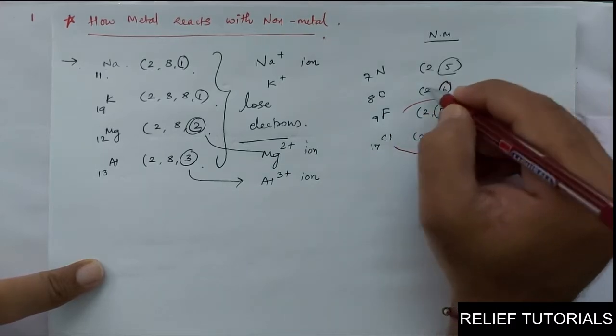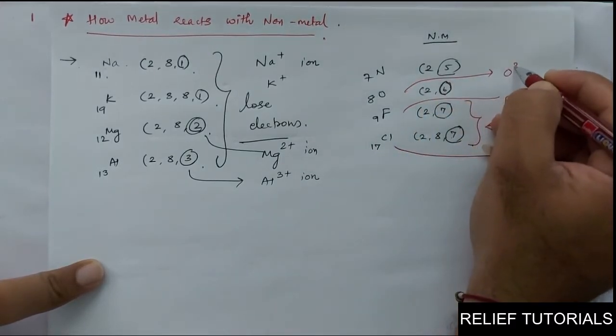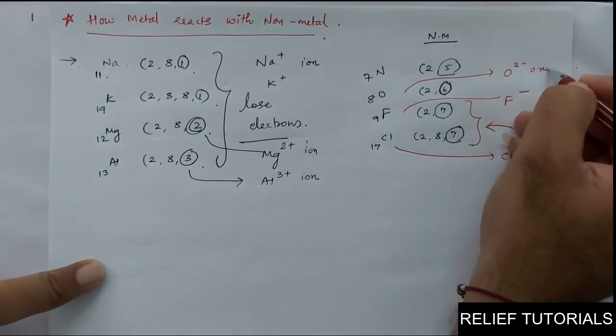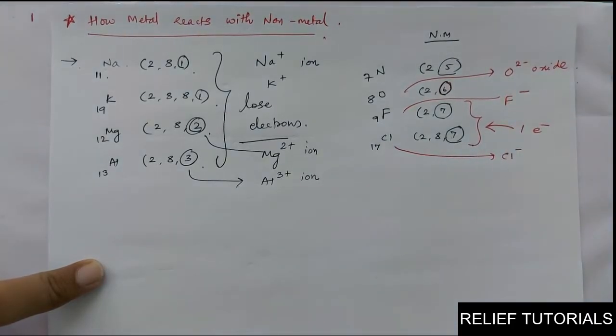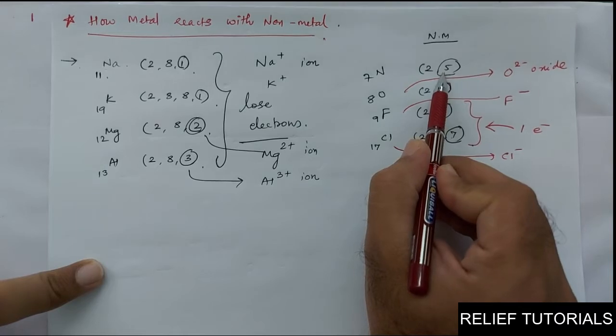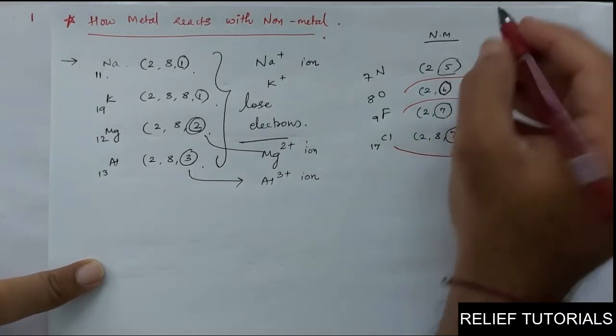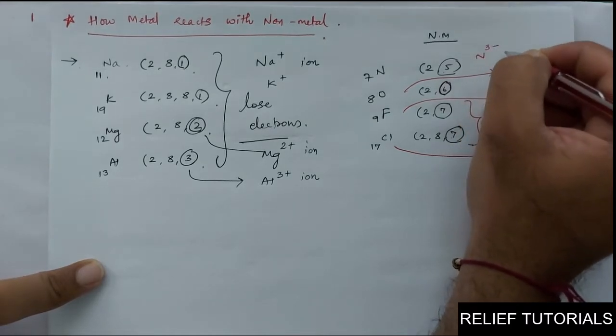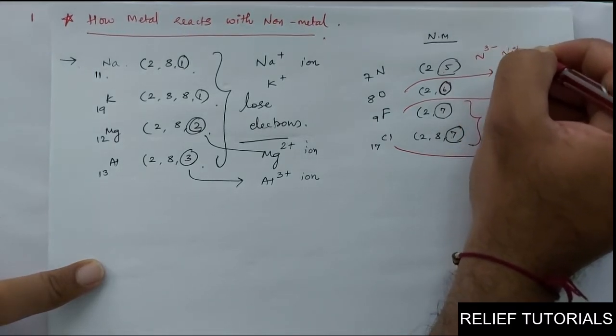By gaining 2 electrons, it forms O2- oxide ion. Nitrogen has 5 electrons in its outermost orbit, so it has a tendency to gain 3 electrons, so it forms N3- nitride ion.